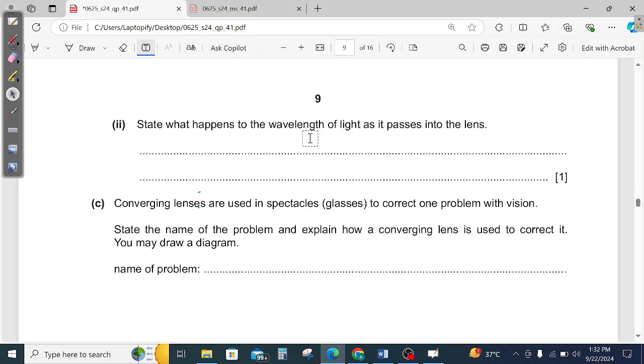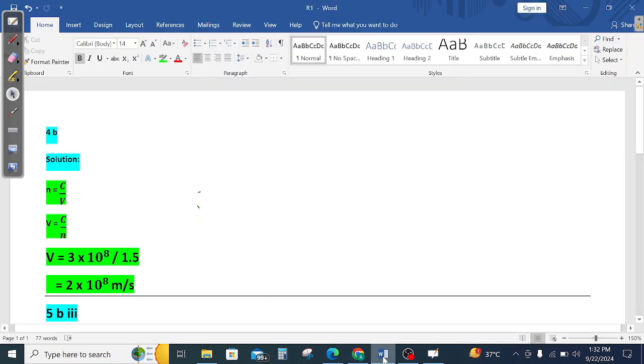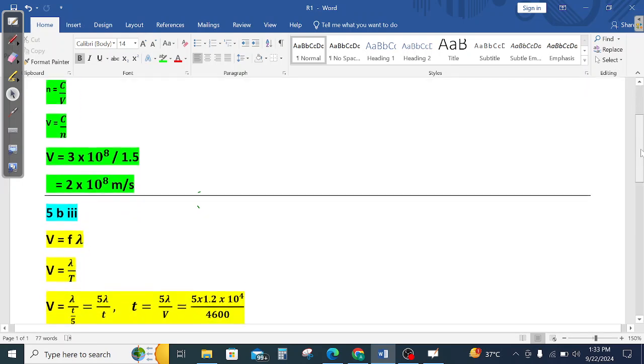State what happens to the wavelength of the light as it passes into the lens. I will give you a hint here. The speed of light in the air is always the same. It is a constant value. This is its maximum value. When the light enters into the glass, then the wavelength of the light decreases.